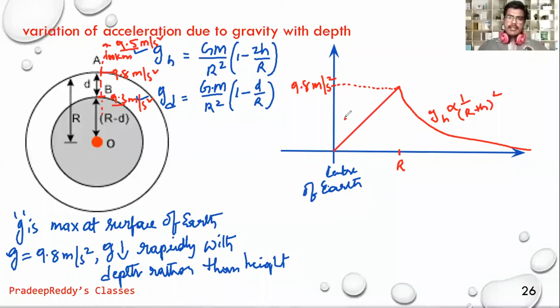This is g at a depth d, which is proportional to (R minus d). So as the d value goes on increasing, acceleration due to gravity will change. This is the graph plotted for g versus depth as well as height.